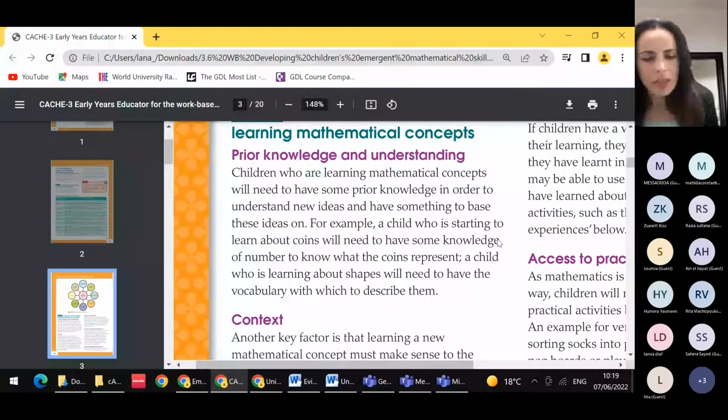So these children are learning mathematical concepts. They will need to have some prior knowledge. So they bring this knowledge and experience to create ideas, to solve problems. Okay, and these ideas are built on their previous experience.